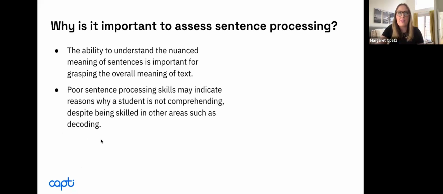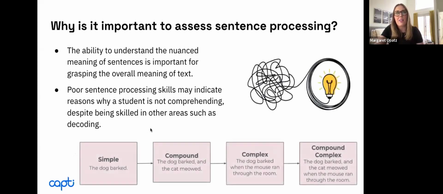It's also important because if students have poor sentence processing skills, it's an indication that they're struggling with comprehension, and this may be despite being skilled in their word recognition and decoding skills. So it's important to be able to say whether or not students are struggling at that sentence level. And we also know that sentences become more and more complex through school.